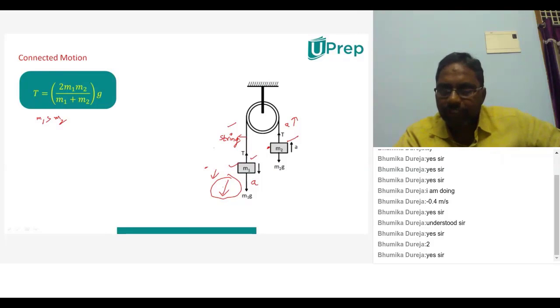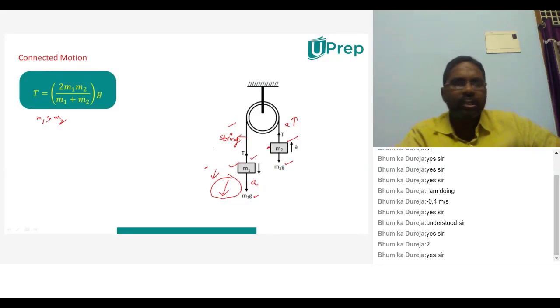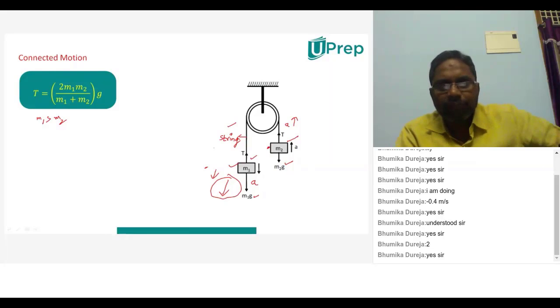Now observe carefully. Weight on the first object is acting in a downward direction, which is M1G. Similarly, the weight of the object M2 will also act in a downward direction. So weight is also a force or not? Mr. Arnav, weight is also a force or not?